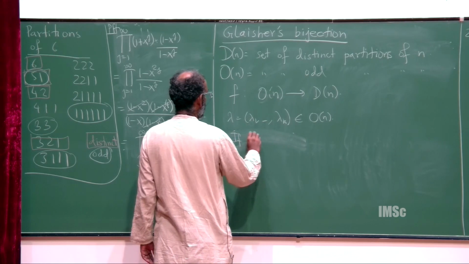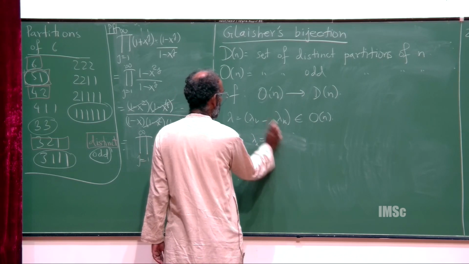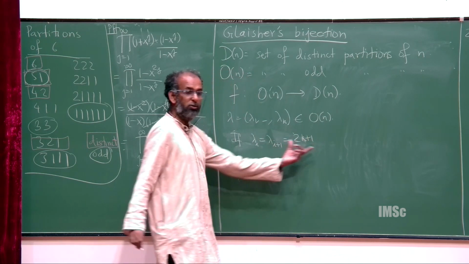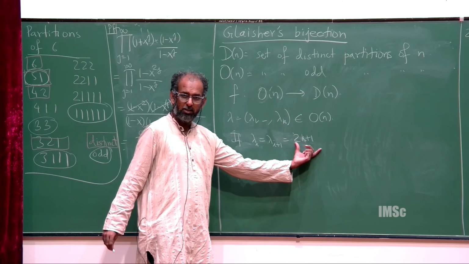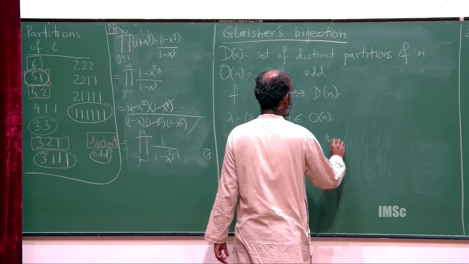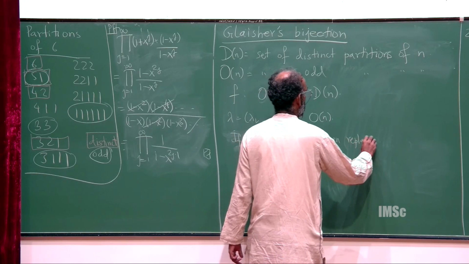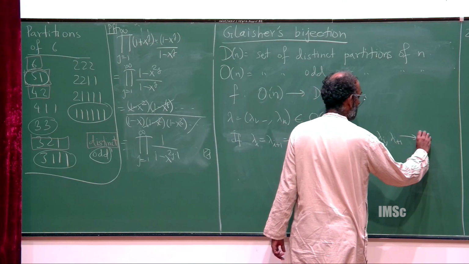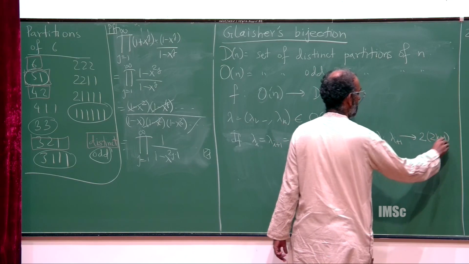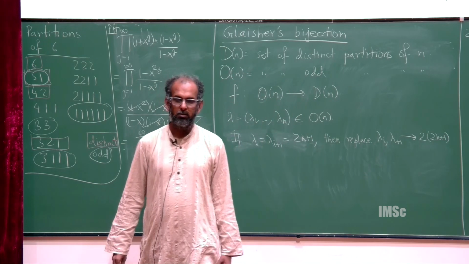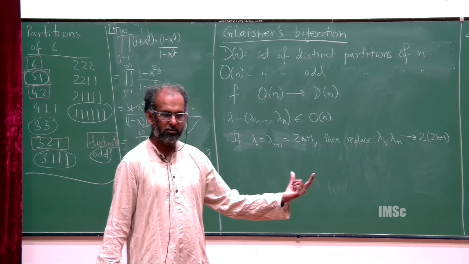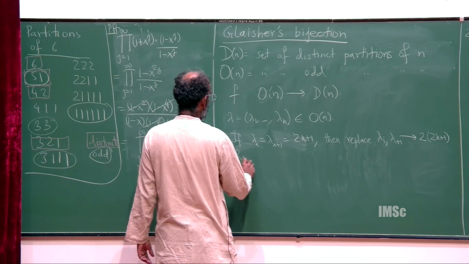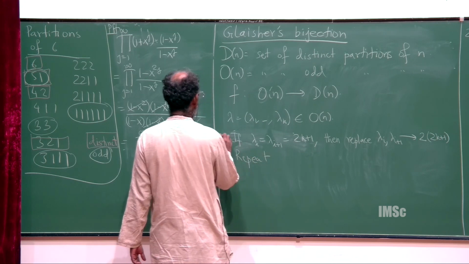If lambda i equals lambda i plus 1, if they are equal to some odd integer 2k plus 1, then replace lambda i, lambda i plus 1 by twice 2k plus 1. You double it, and you put a single part there, okay? And repeat. So this is the first step.